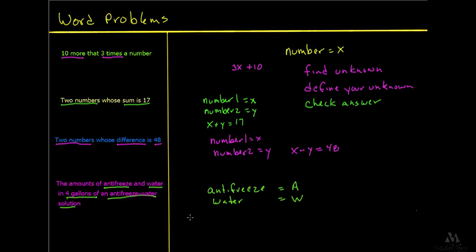So what do we end up with? Well, we have A antifreeze. A is the amount. So we have so much antifreeze plus so much water. It's going to equal 4 gallons of our antifreeze water solution. I'm going to put solution.